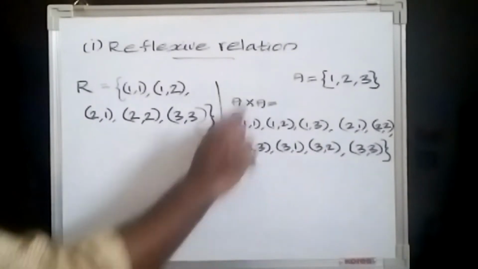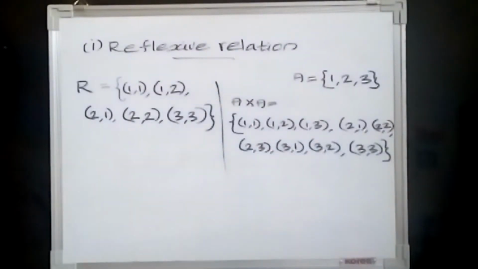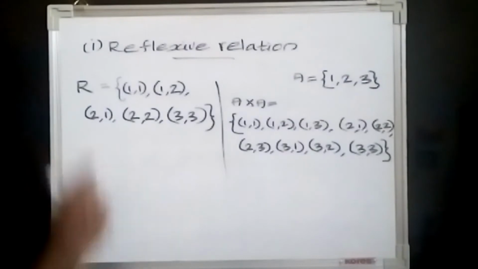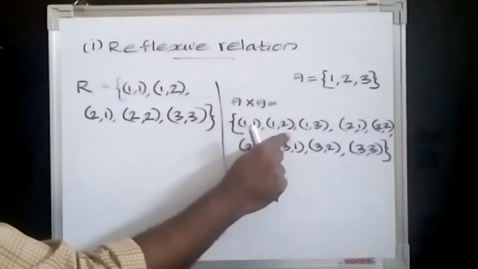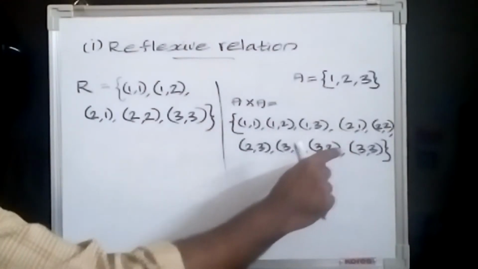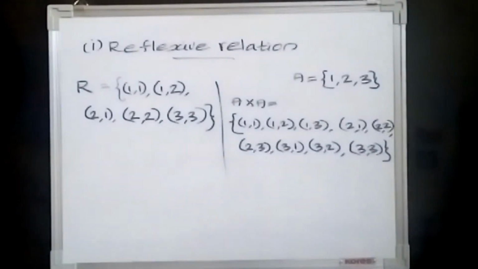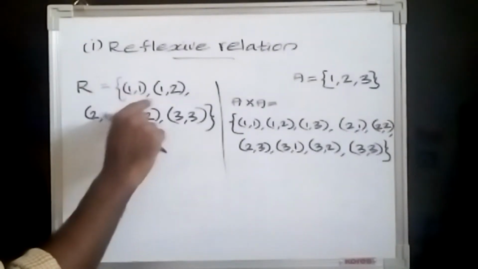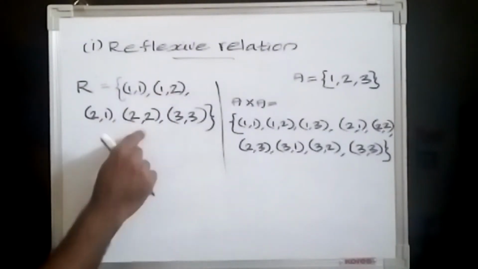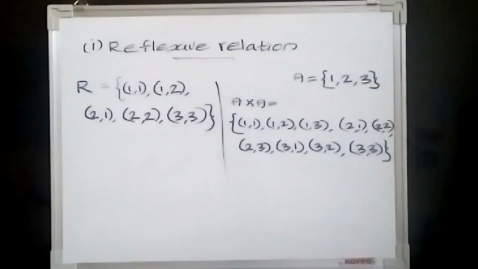Now, consider a subset of A cross A: R equal to {(1,1), (1,2), (2,1), (2,2), (3,3)}. We have taken only 5 elements. Clearly, it is a subset of A cross A.